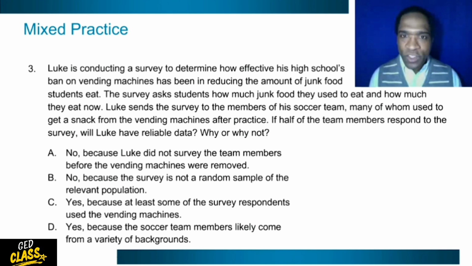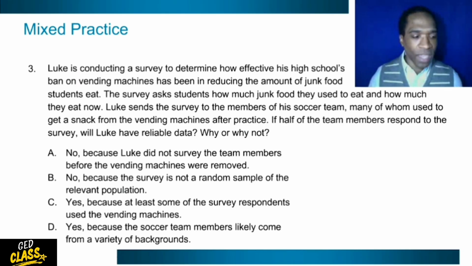Now, in our answer choices to this question, the why or why not, also will Luke have reliable data? There are 2 broad responses, right?